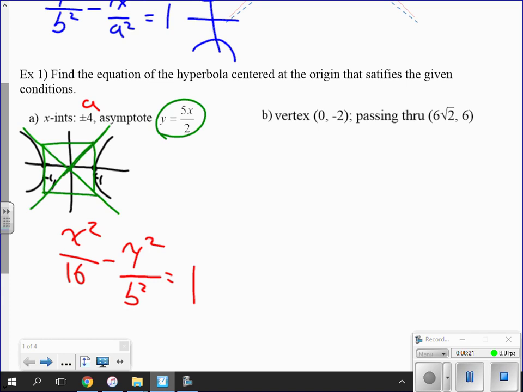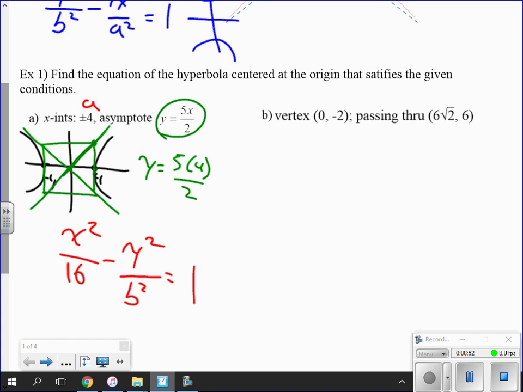The asymptote goes through this corner. This corner is the point (a, b), because I go over a and I go up b. So if I know the x coordinate, the b is the y coordinate from that asymptote. My a is 4. I plug in 4 for x. y equals 5 times 4 over 2.